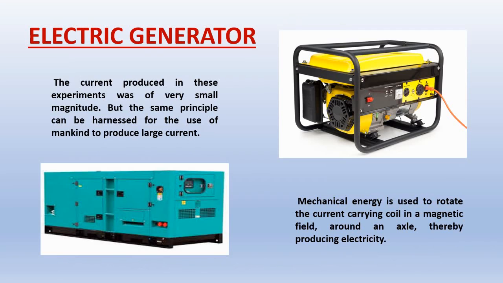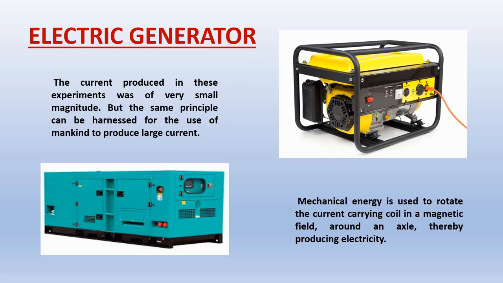Electric generator. Let us first understand why we use an electric generator. So when there is a power cut at our homes, we make use of these generators. We have seen these generators at many places, like in schools, at our homes also, and also in shops. In the previous module, we had studied that a current was induced in a coil due to the movement in the solenoid coil.